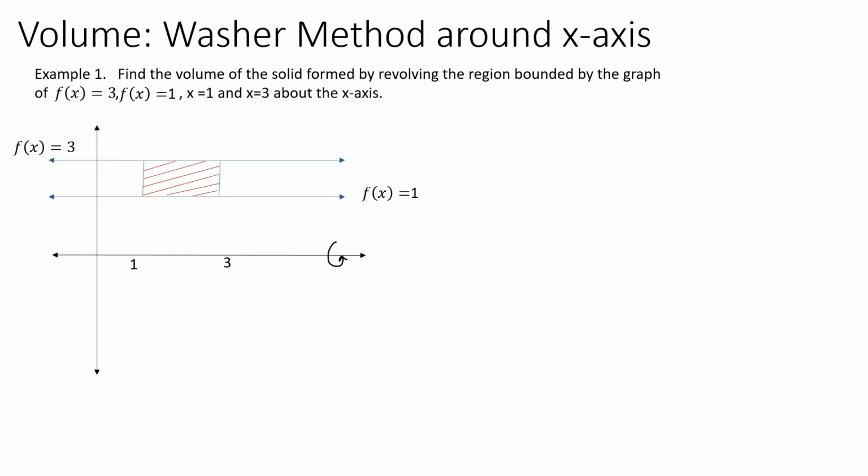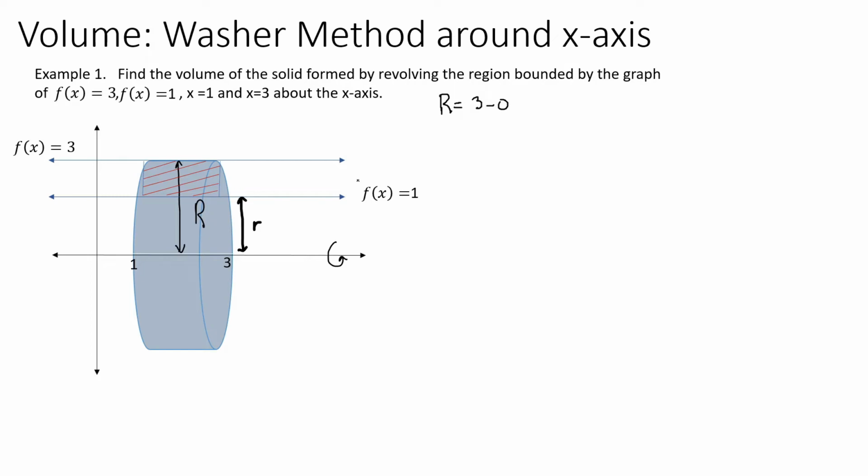So let's look at the bigger radius, from the top of the function to the axis. You're going to have a cylinder, which is known as your big radius. In our case, the big radius is equal to 3 minus 0, 3 being the top of the area to the axis of rotation.